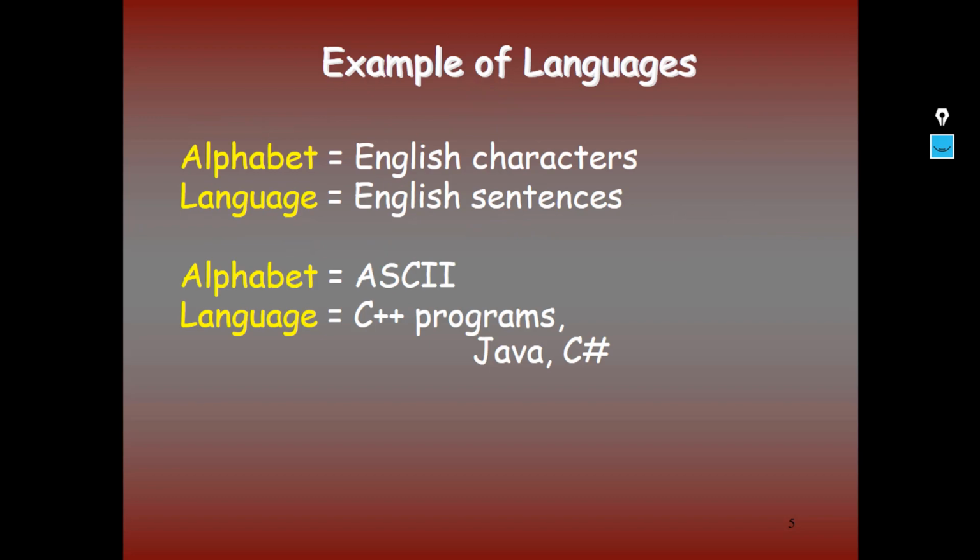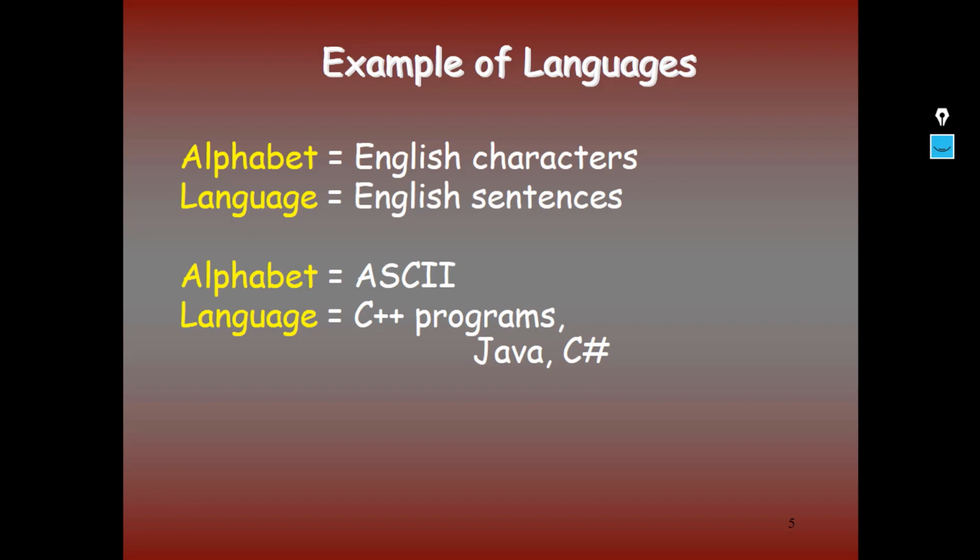Examples of languages is the English language, of course, and the alphabet for the English language is the characters from A to Z, capital and small. The whole dictionary of English is composed of these letters. If you pick up any word from the dictionary, you will find the same set of characters from A to Z, right?